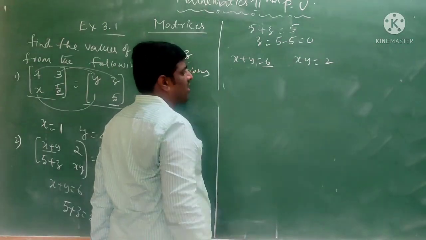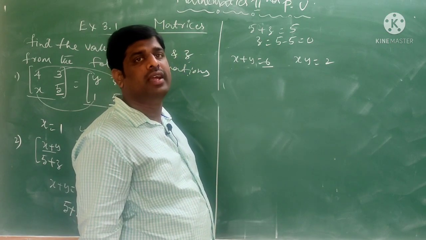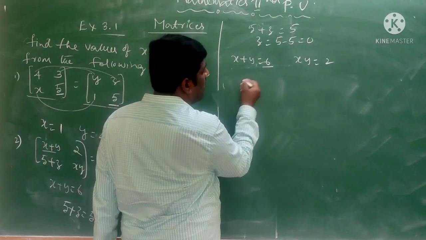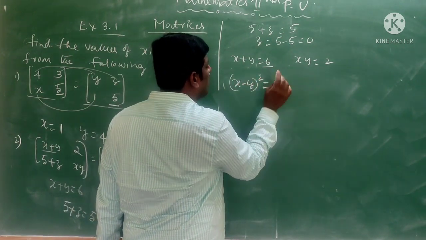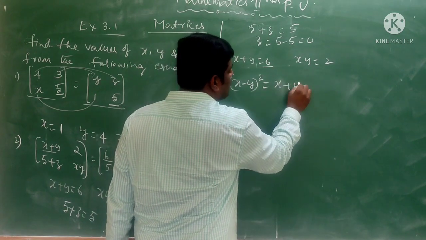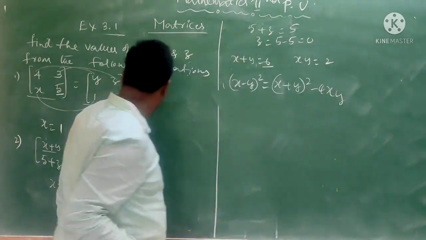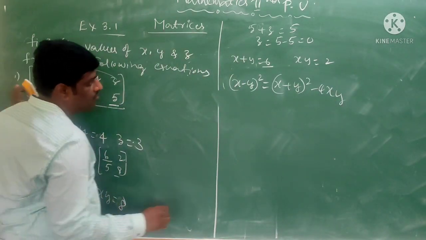For these two equations we can't solve by the linear equation method. Here we have one formula: x minus y whole square is equal to x plus y whole square minus 4xy. Here xy is equal to 8.